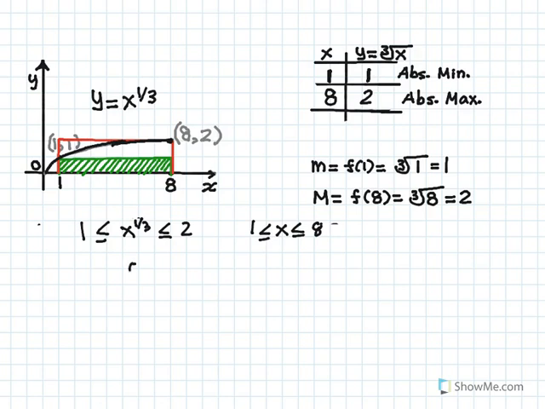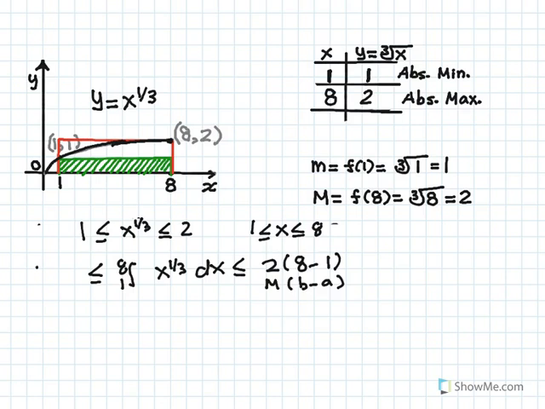Now let's apply the property. The definite integral from 1 to 8 of x to the 1/3 dx is less than or equal to 2 times 8 minus 1. This is capital M times b minus a. And it's larger or equal to 1 times 8 minus 1.